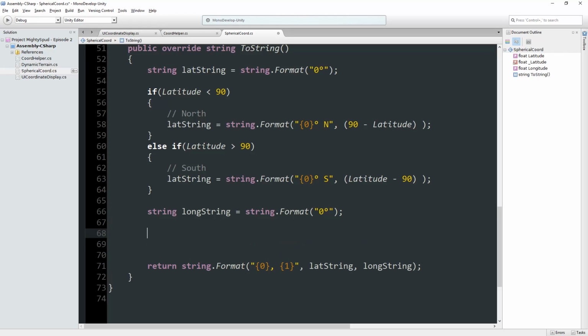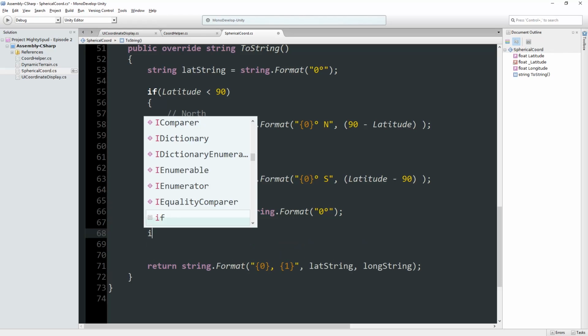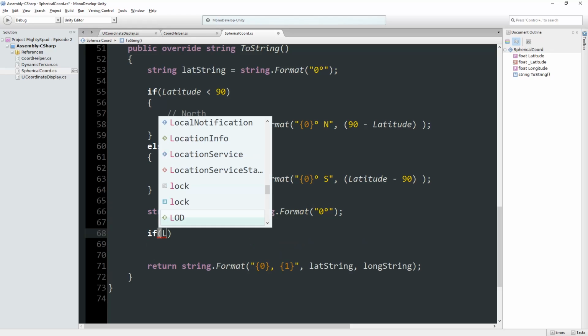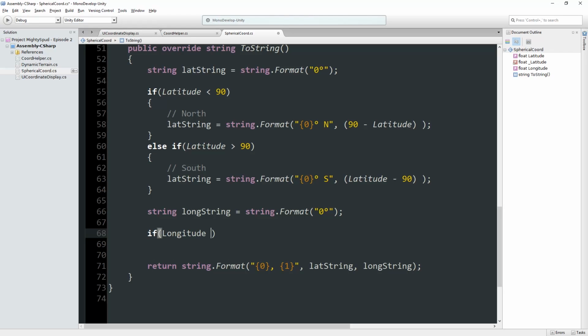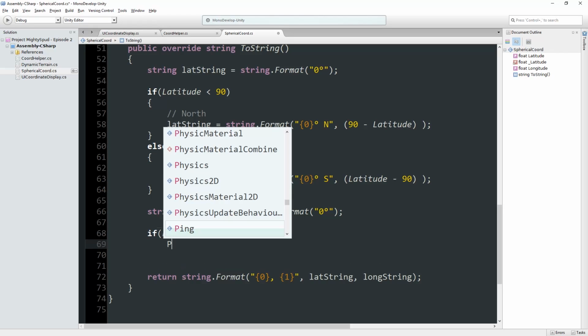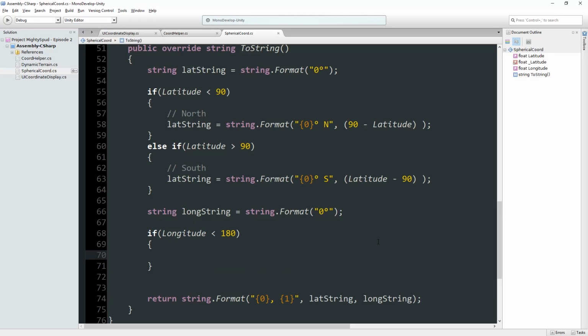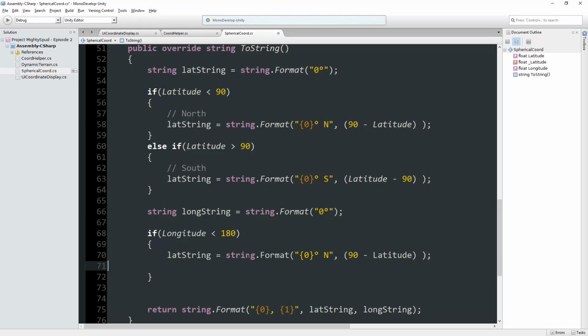And for this, first of all, what's the east? Well, if longitude is less than 180, then we can just use the value as is, because as longitude increases, we are indeed going to the right, which is indeed towards the east, right? So we can say blank degrees east, which is literally exactly equal to just longitude as is.